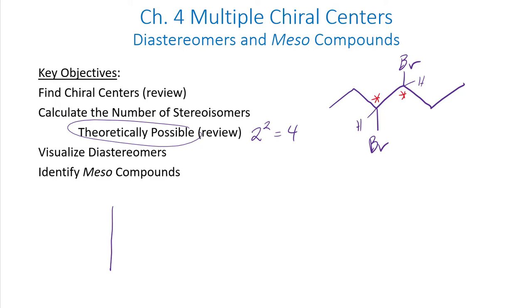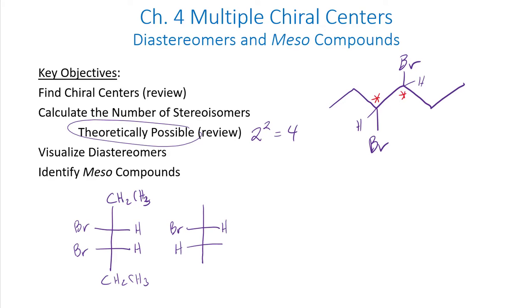With the Fischer projections, we could have our CH2, CH3 groups on top, and then our bromines we could either have both on the left. We could have top on the left, bottom on the right.